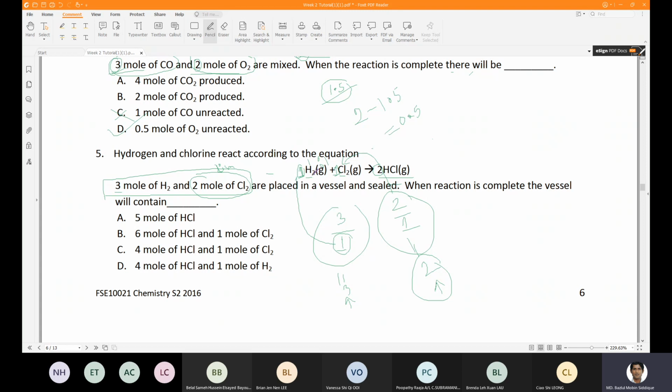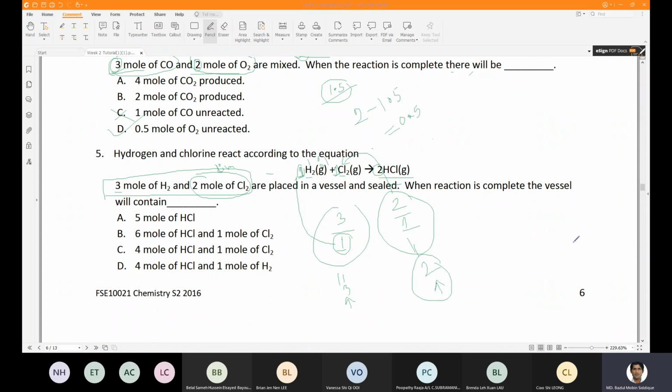How much chlorine will finish up? All of it, because it is the limiting reactant, all of it will be used up.